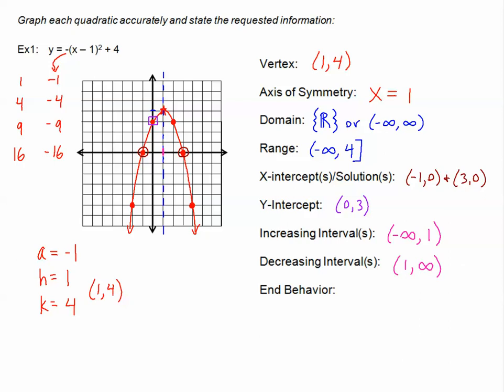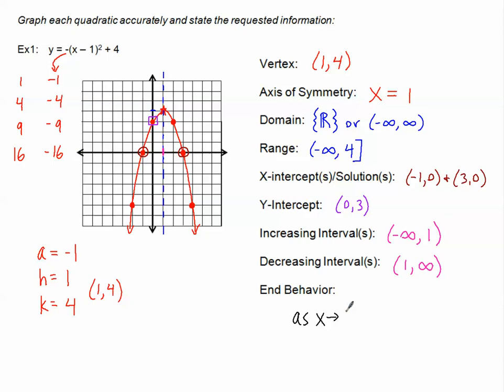And then end behavior, we've done this before as well. What's helpful to do with parabolas, since with a parabola your ends will always be pointing in the same direction. It doesn't matter if we're talking about as x approaches negative infinity, the left end, or as x approaches positive infinity, the right end.